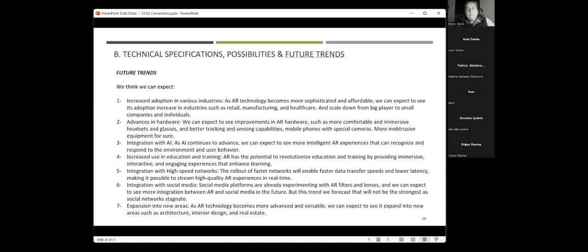Integration with AI, so artificial intelligence will bring data. This data will be more intelligent, and AR will be interesting to present that.